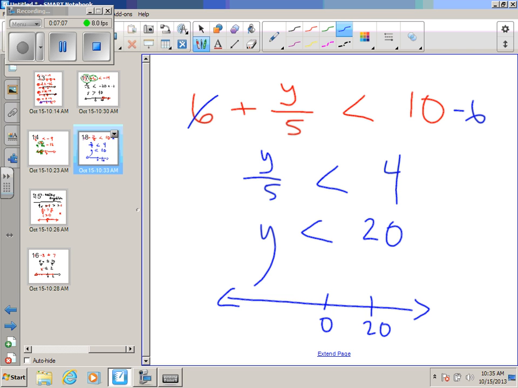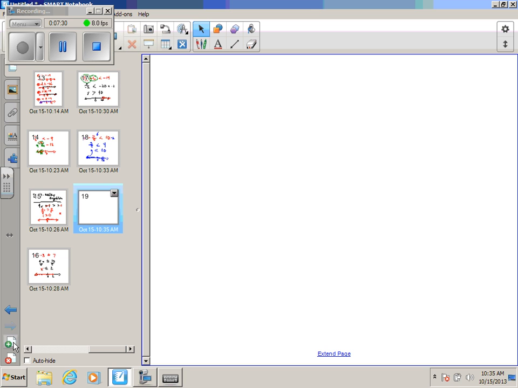Here's my 20. Circle. Shade to the left. Let's test it with the 0, because the 0 is shaded. What is 0 divided by 5? 0. 6 plus 0 is 6. 6 less than 10? Yeah, and it works. Okay. Any questions? Any more?